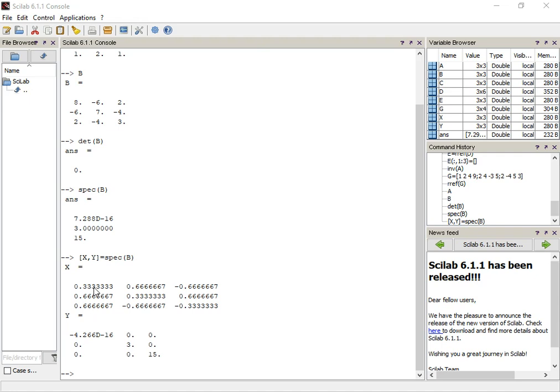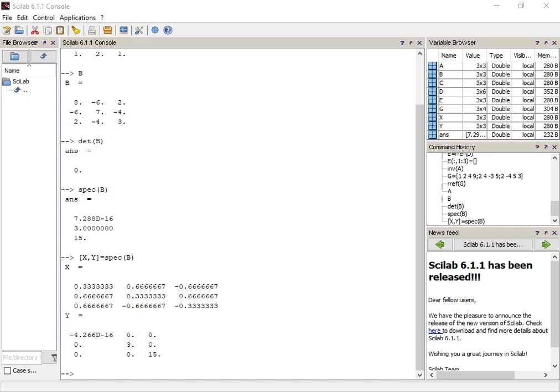So 1, 2, 2 is the eigenvector for 0, because scaling an eigenvector does not affect it. Similarly here you have 0.666, 0.333, minus 0.666, the eigenvector corresponding to 3. If you write it in proper form, you can write 2, 1, minus 2.